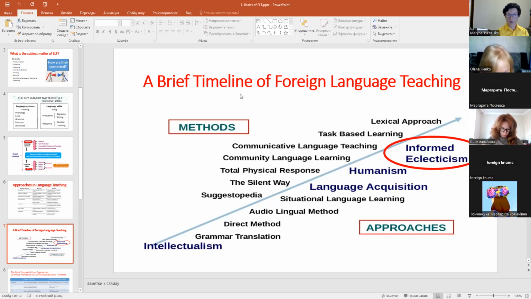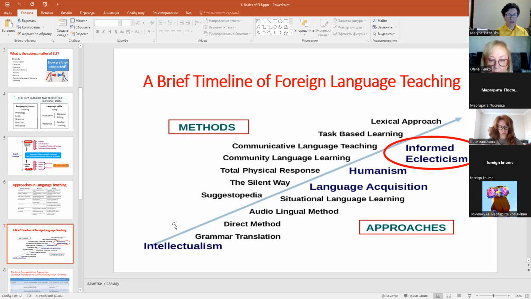The students are constantly changing, especially in Ukraine, and that is how we come, from Scrivener's point of view, from what is called communicative language teaching to the era of post-communicative methods, or we call these methods informed eclecticism.